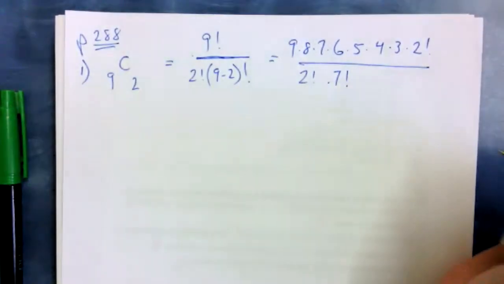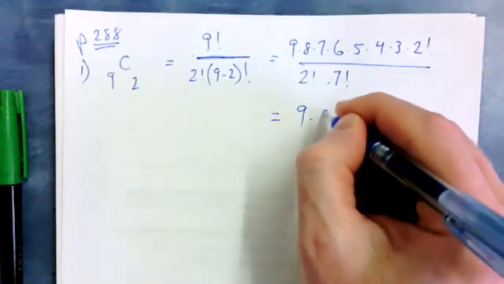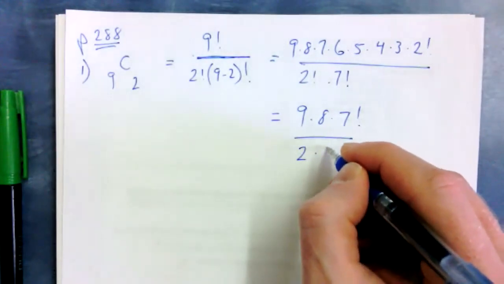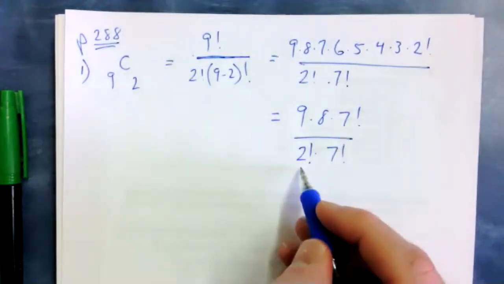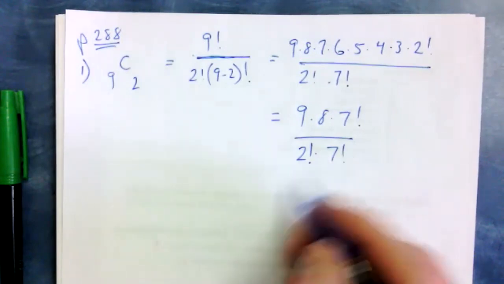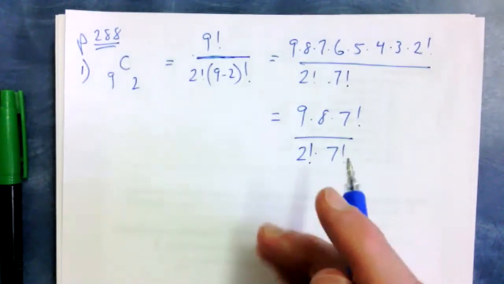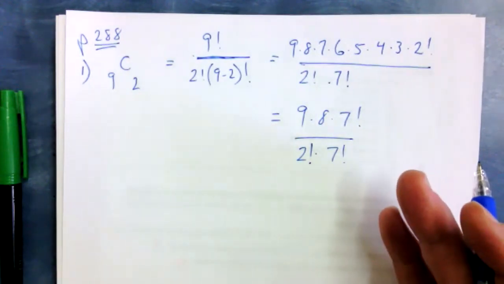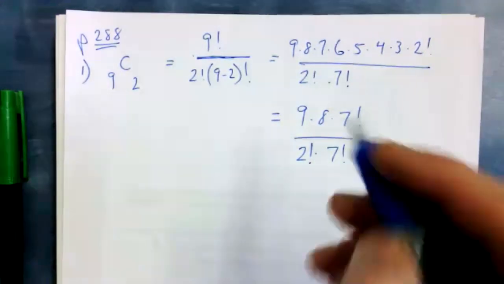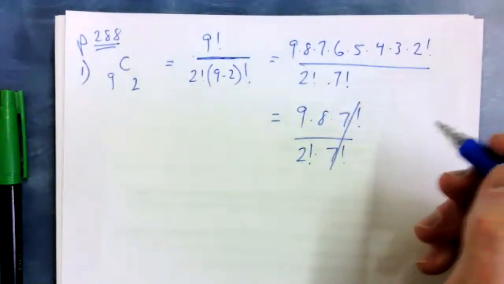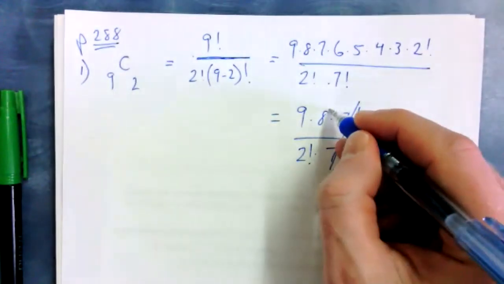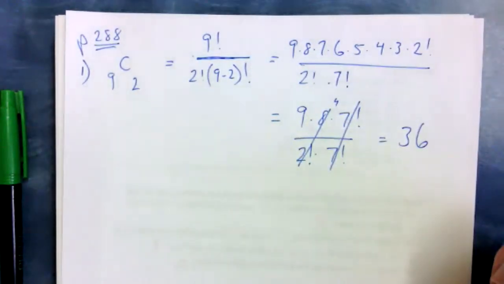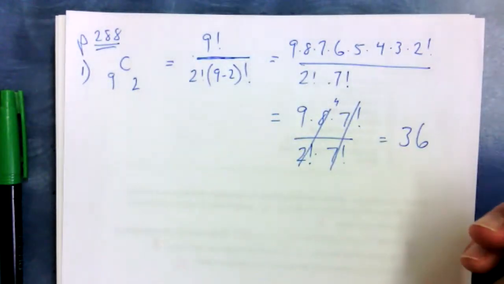So it's 9 times 8 times 7 factorial over 2 times 7 factorial. 2 factorial, sometimes if I'm going quick, I might just write 2 because 2 factorial is 2. Even Calvin could do it in his head. So here 8 divided by 2 is 4. 9 times 4, 36. There are 36 games.